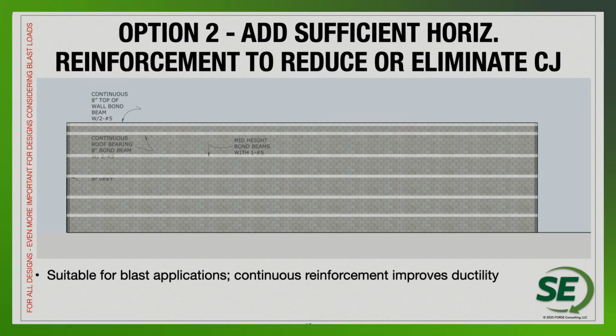But again, we see something like this, where we go to option 2, where we provide enough horizontal reinforcement to not need to put in control joints on a regular basis. Maybe we go several hundred feet, depending on the different situations. But you certainly have an improved wall from the overall energy distribution, and that continuous horizontal reinforcement improves the ductility and dissipates the load.